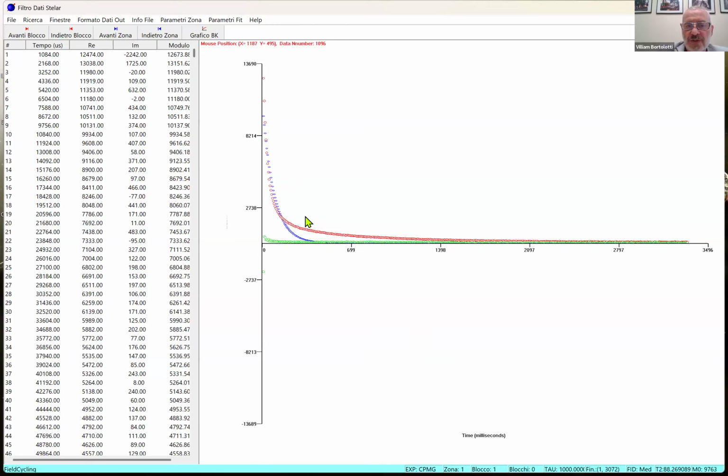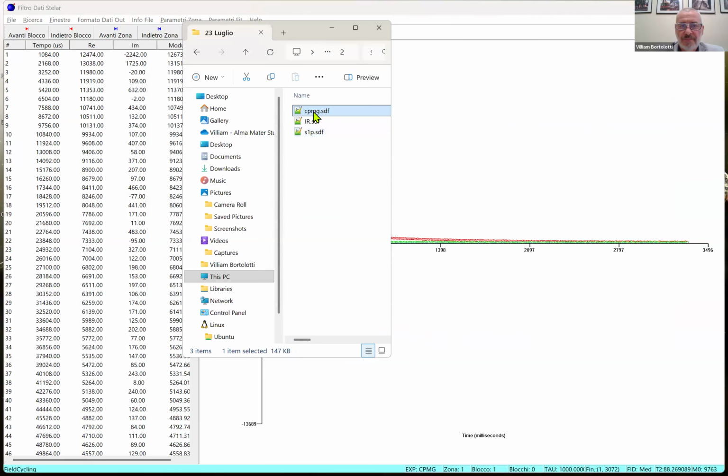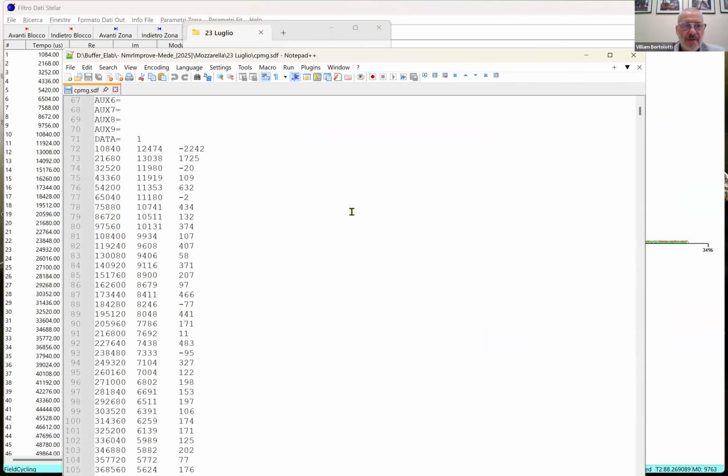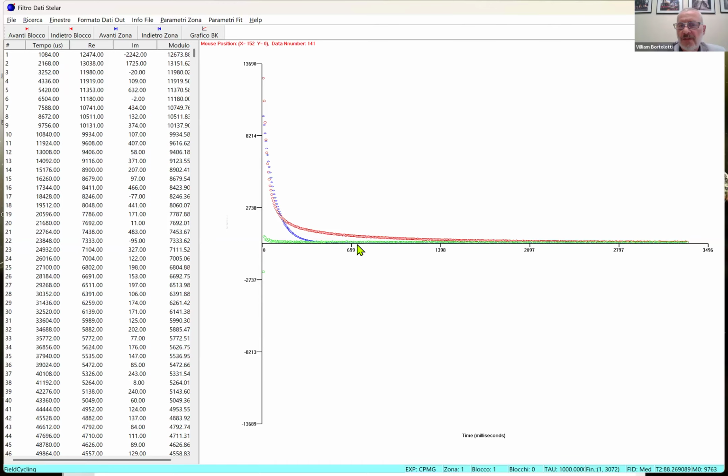This one is a CPMG. The red is the real data, the fifth column of this. The second is the imaginary part, and the blue one is a non-exponential fit performed automatically by this software.